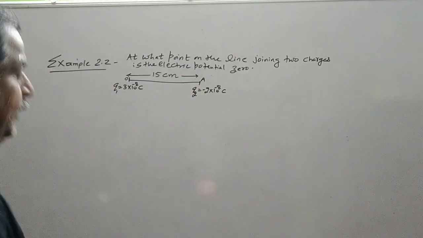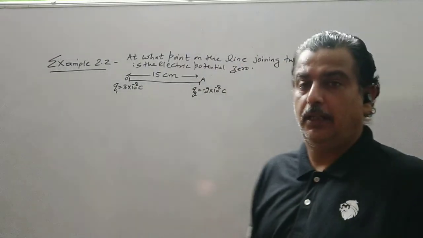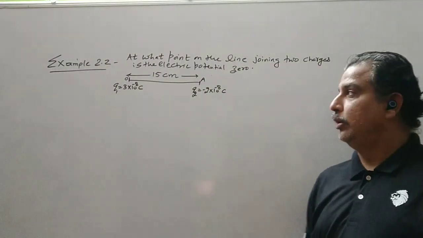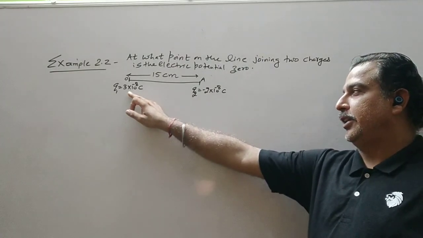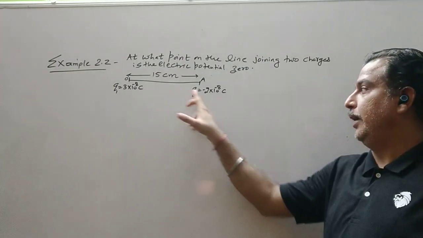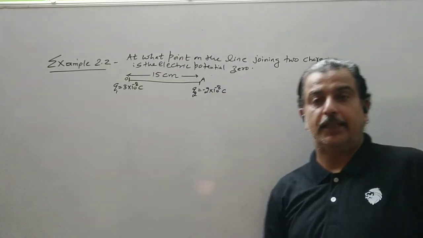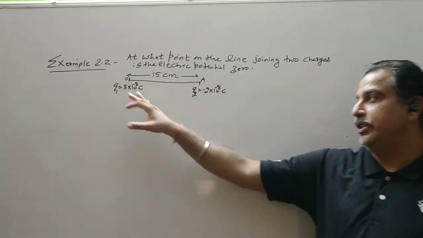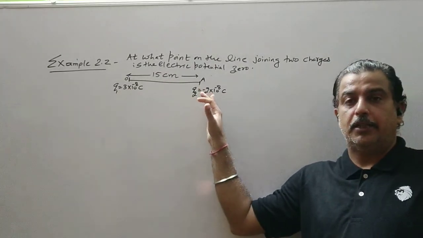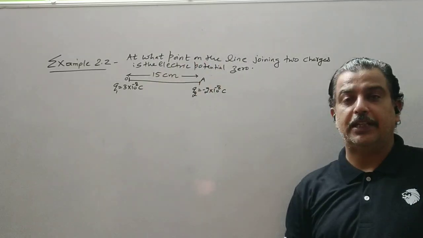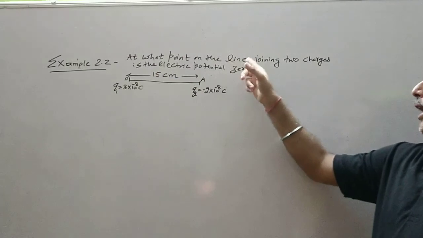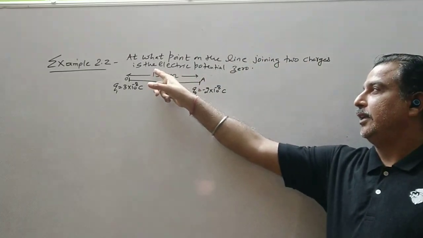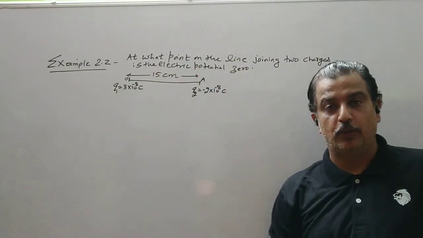Now let us say example 2.2. Two charges are given, 3 into 10 raised to minus 8 coulomb and minus 2 into 10 raised to minus 8 coulomb. One is a positive charge, one is a negative charge, separated by 15 centimeter. The question is, at what point on the line joining the two charges is the electric potential 0?